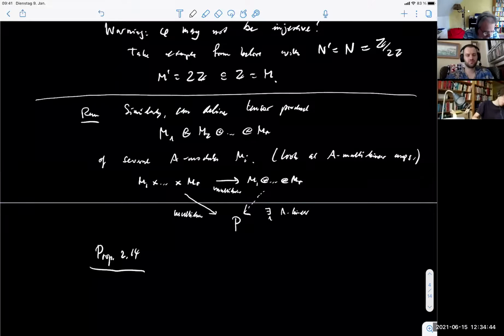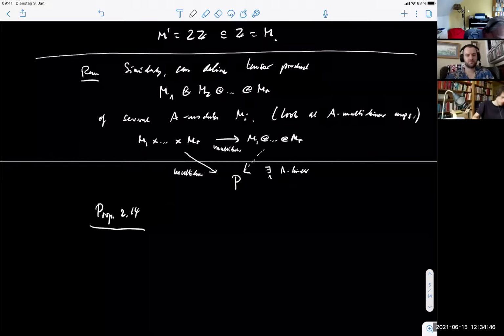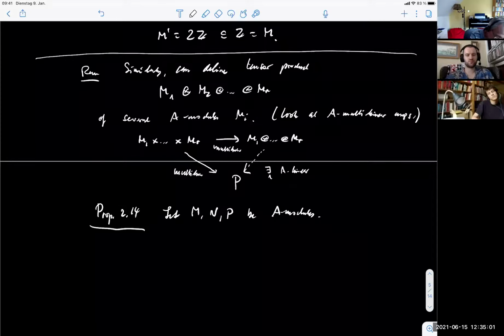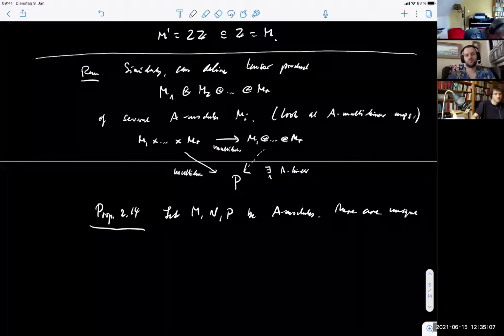I don't really want to follow this in detail, but I write the properties. Let's assume I have M, N and P A-modules, and then there are unique A-linear isomorphisms.